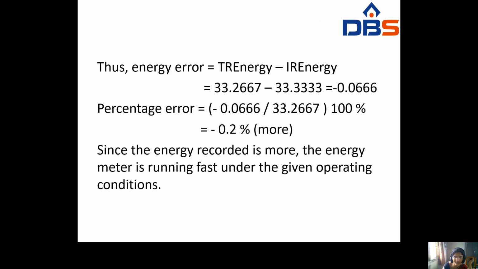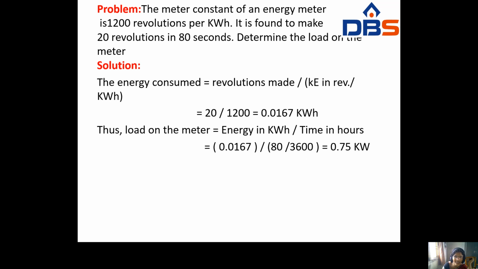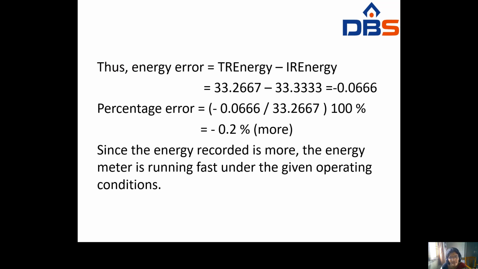Here you have to find the percentage error. The energy error is equal to the indicated energy minus the total energy. The total energy value is 33.267, and this is the energy error.